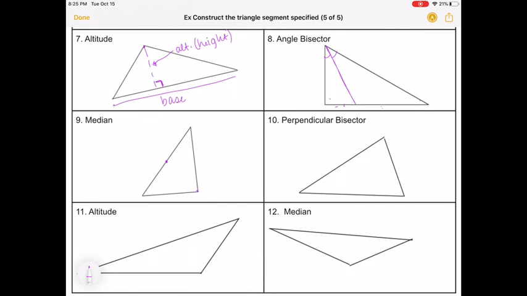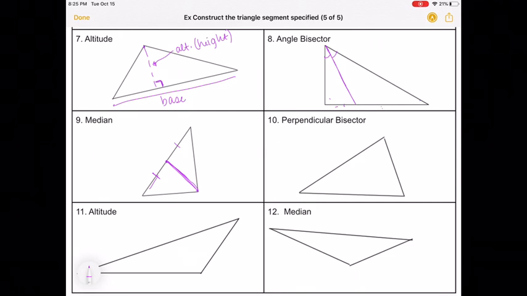That looks about right. Oops, I got really off. But that would be the median. Now I know that this segment and this one are congruent because that's what a median does. It goes to the midpoint over here.